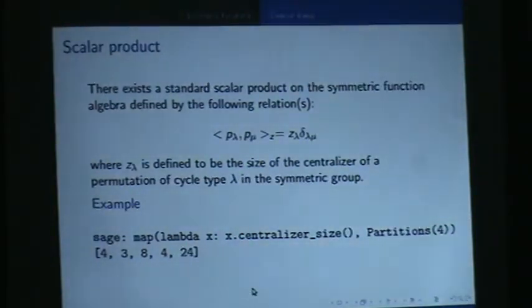So I have a partition, it has a method called centralizer size associated with it, and it gives the size of the centralizer of a permutation of cycle type lambda in the symmetric group. And so for the partition 4, this z sub lambda is 4, for 3 1 it's 3, and so on.